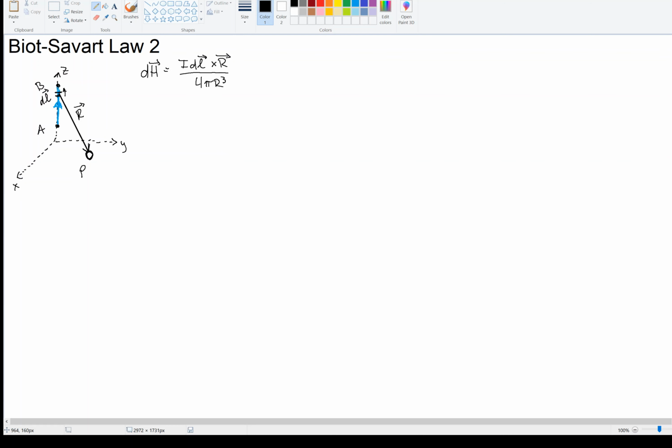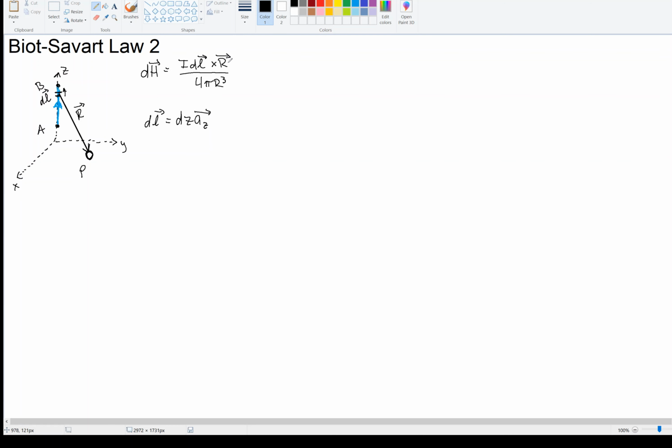So I look at dl and I ask myself, well, what is changing in dl? So if we traverse that little infinitesimally thin segment, then the only thing that's changing is the z coordinate. So dl in this case would be dz in the z direction, like that.